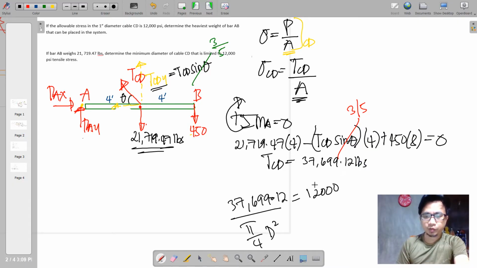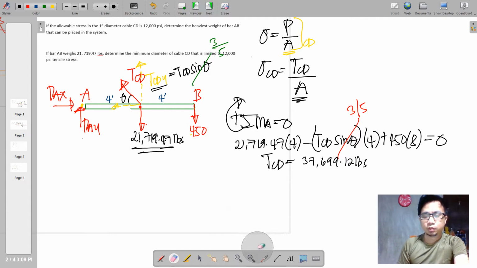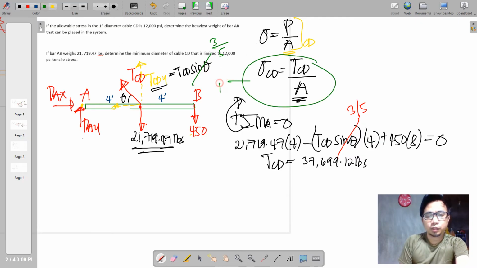So here we will be having an answer of 37,699.12 pounds. Okay, so our next step is, of course, to proceed with this equation.